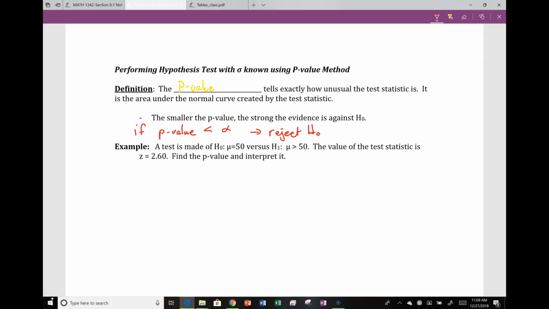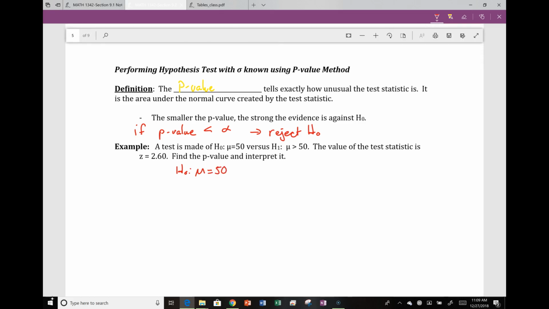So let's look at this example. A test is made of the null hypothesis mu is equal to 50. I'm going to go ahead and write these down here so that we can see them comparatively, versus the alternative hypothesis mu is greater than 50.